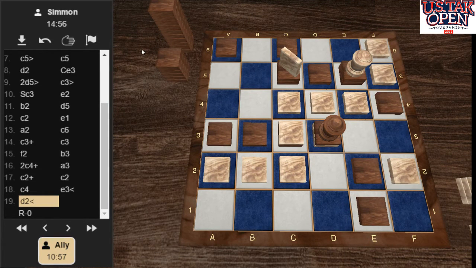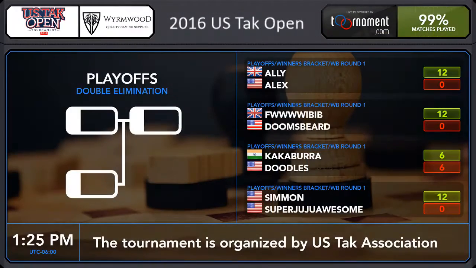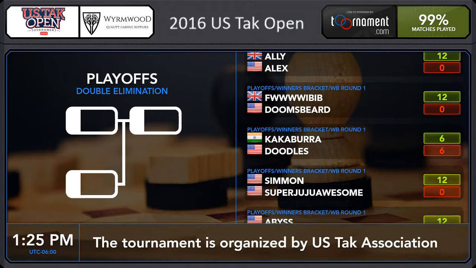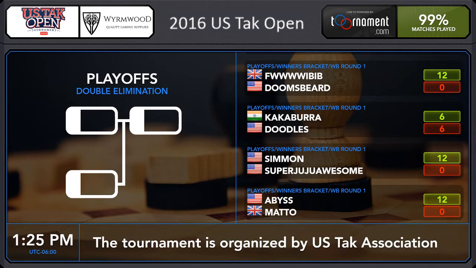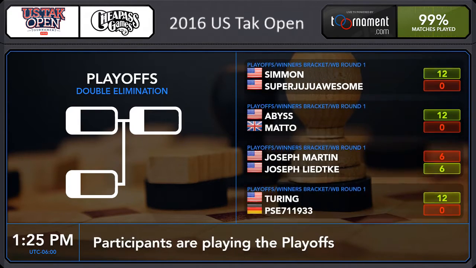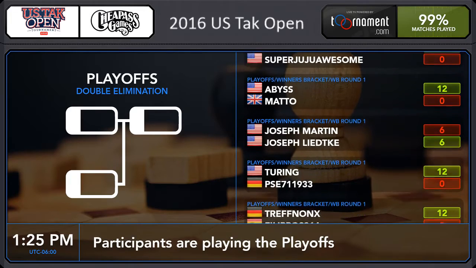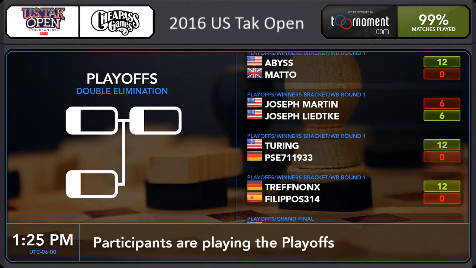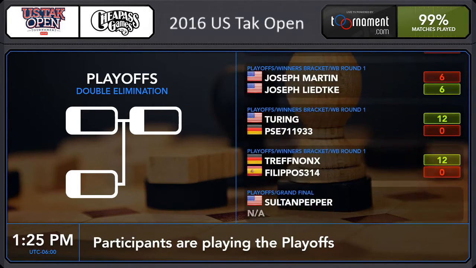So let me go ahead and update the bracket on that. Ally versus Simmon. All right, so where we currently stand. 6 points, not 5 points.